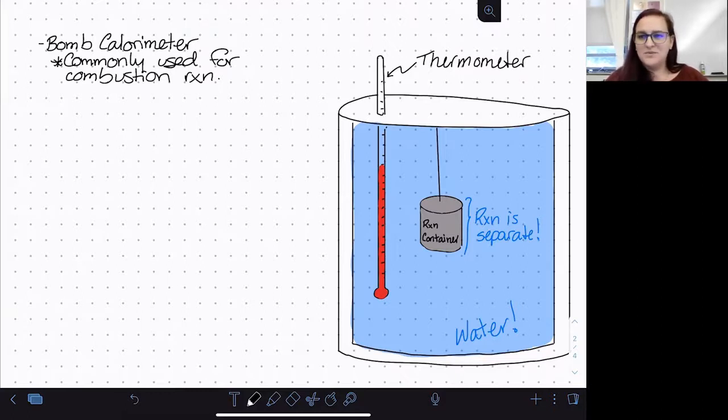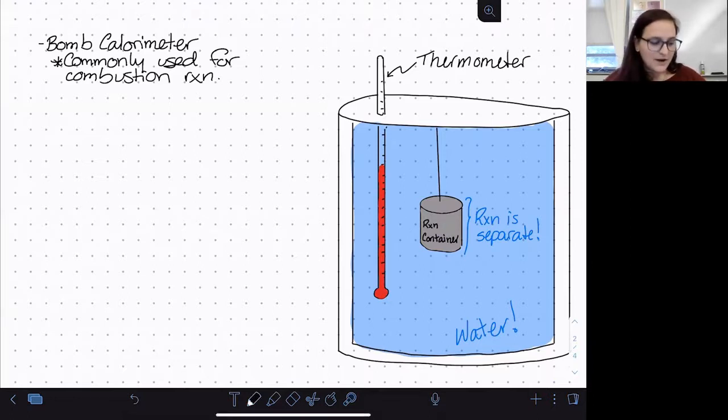Combustion is a really good example because clearly you can't burn something in water. We know that that is incompatible. So if you wanted to study a combustion reaction in a calorimetry experiment, that needs its own little container because the water is just going to stop the reaction. So the combustion, the fire would happen in here, and all of the heat released by that goes into the water.